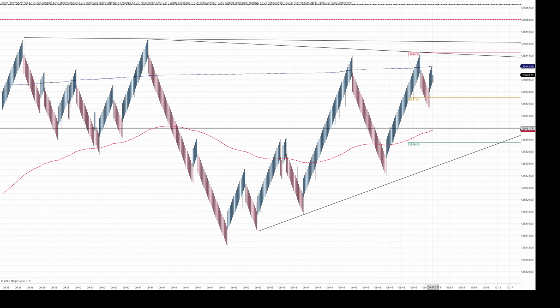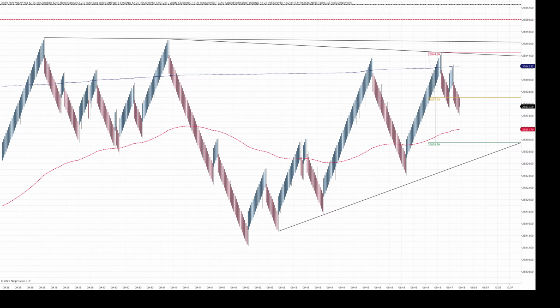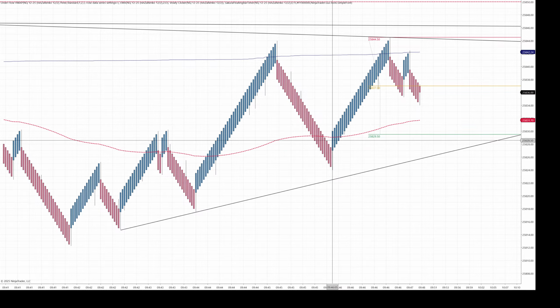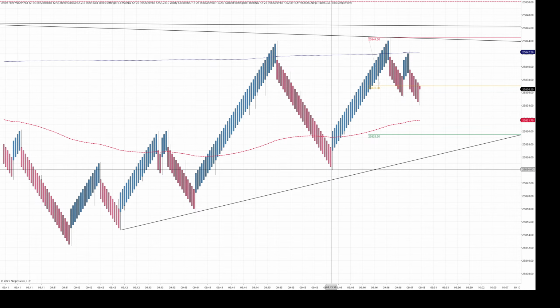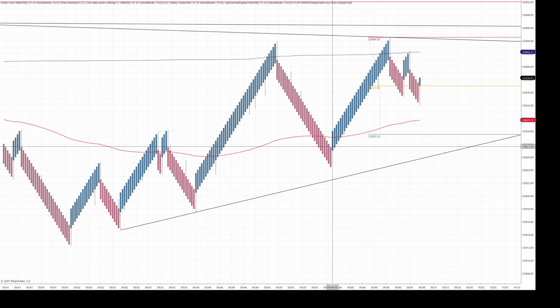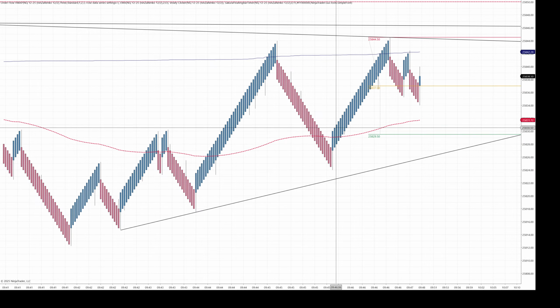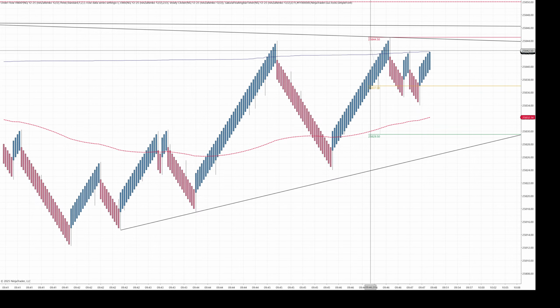So the next entry I would be looking for, you would have gotten it in right after it broke the red line. So here, this is actually a legitimate trade. It reversed, it gave me 4 bricks. Once I get 4 bricks, I get in, my stop loss is down here, and I'm looking for 8 points. This would have been my legitimate entry, and there was more than enough room to get it.